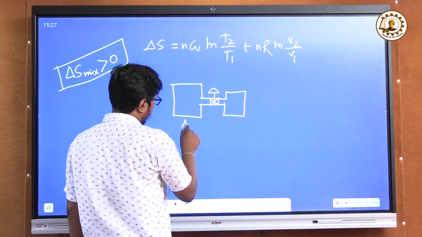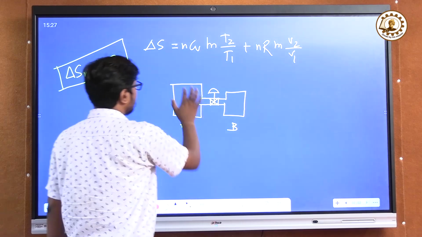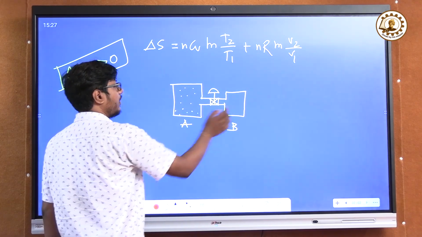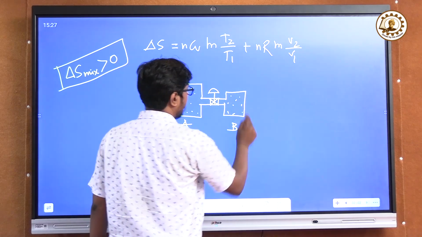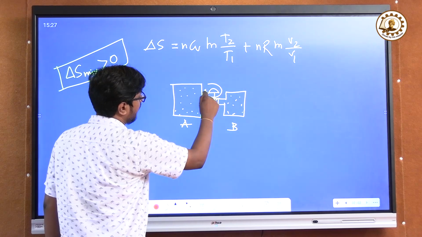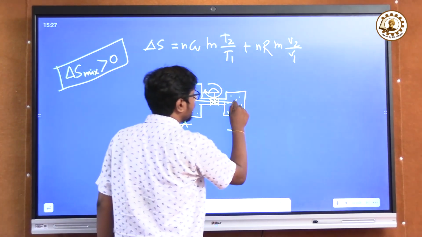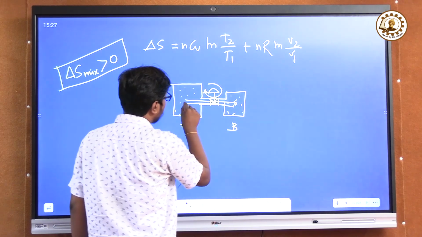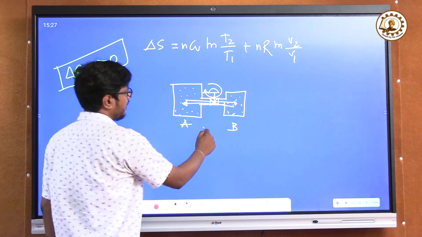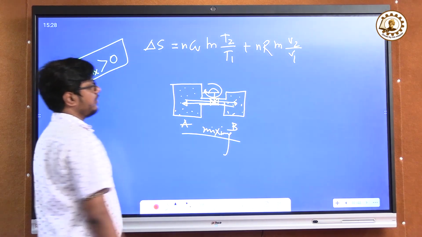This is A and this is B. Here is the gas particle, and this is also the gas particle. Now you open the valve. What happens? A few gas particles will move from here to here, and a few particles may move from here to here. So here is the mixing.